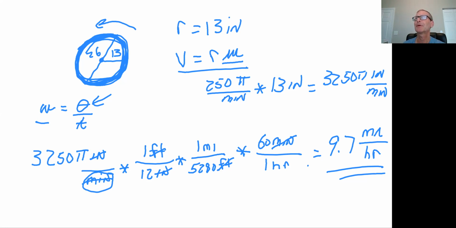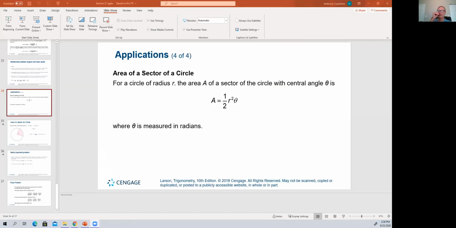So the last thing we're going to talk about is this idea of calculating areas now using an angle measurement. Back in your geometry days, you talked about measuring an area of a circle with just the radius.